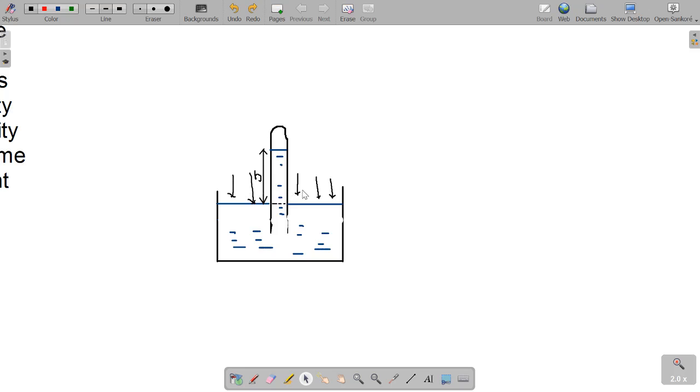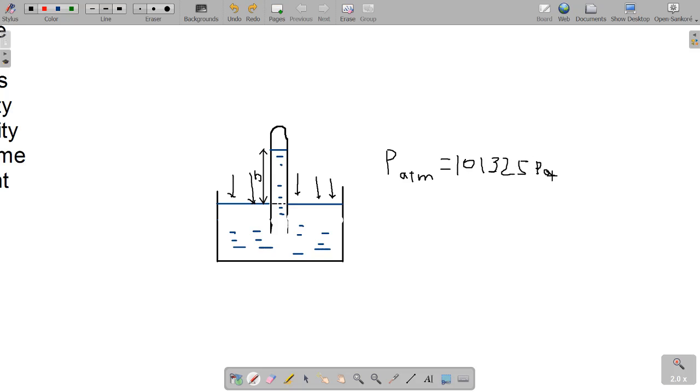Okay, so atmospheric pressure, or P ATM, is equal to 101,325 Pascals.